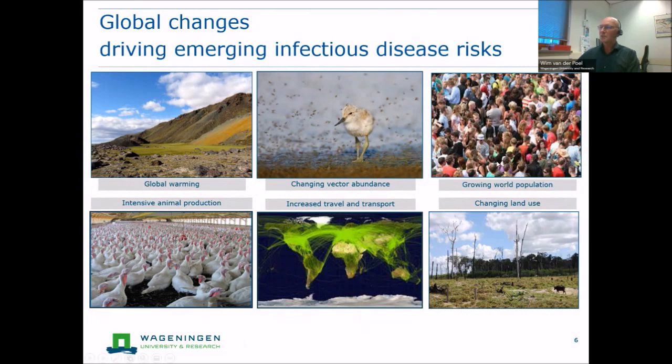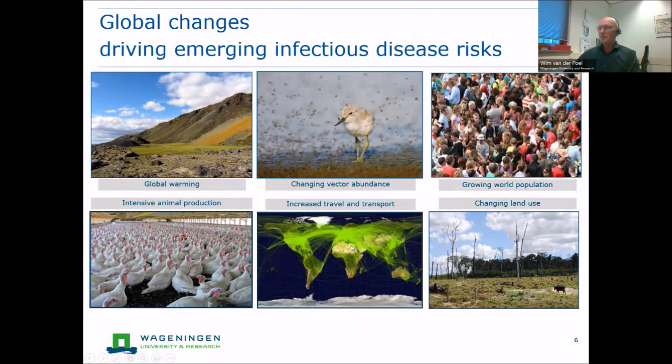We have a growing world population. That means that we have a lot of susceptible people to potential zoonotically transmitted viruses. We have intensive animal production because we need more and more food to feed the world population. And these animals can be susceptible to zoonotic agents and transmit that to people.